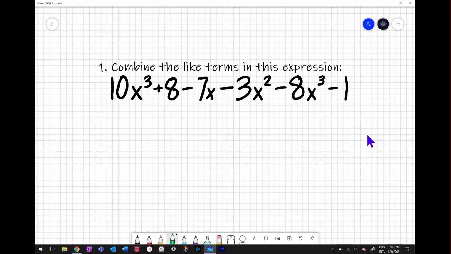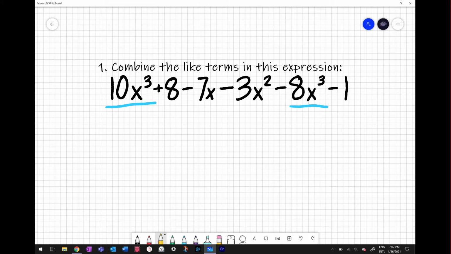Done. So here, the first thing I like to do is look for the exponent with the highest number. So here, in this case, it's 3. So it's cubed. There's two values with that, which is 10x cubed and 8x cubed.